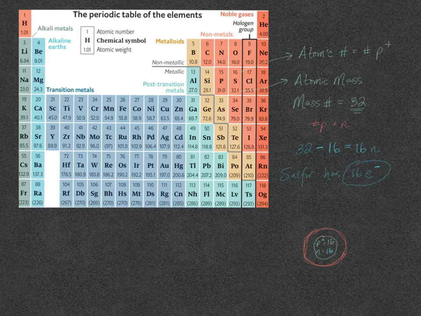If you remember from that build an atom simulation, I had you try and see how electrons actually fill these orbitals. Hopefully you noticed that only two electrons fill that first shell.